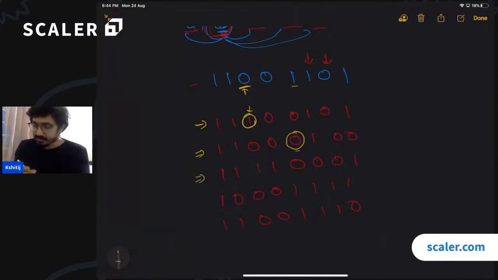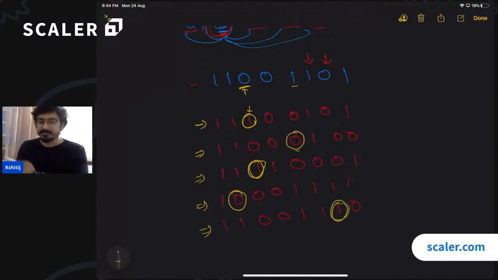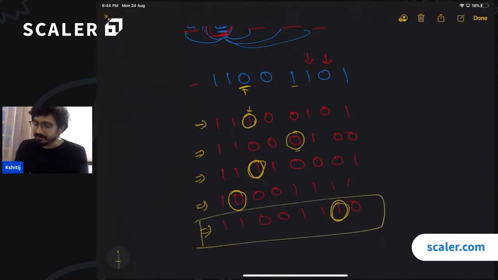In the next number, the different bit occurs here again, right? In the next number, the different bit occurs here. In the next number, the different bit occurs at this position. Which of all these numbers is going to give the minimum XOR with the number? The last one, correct? Because here the different bit is occurring as far right as possible, right?